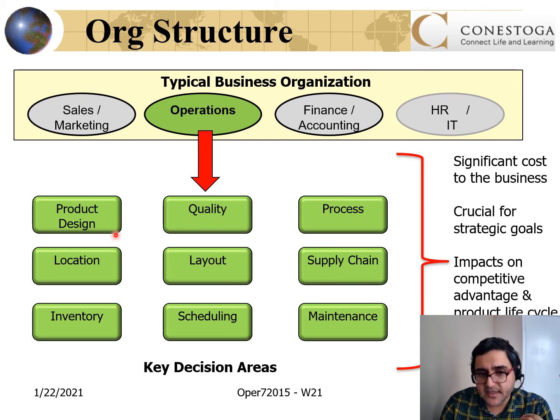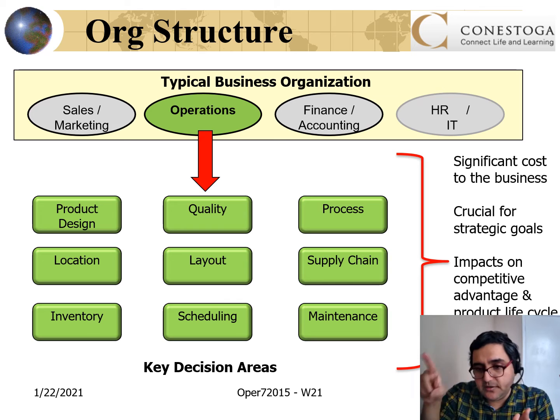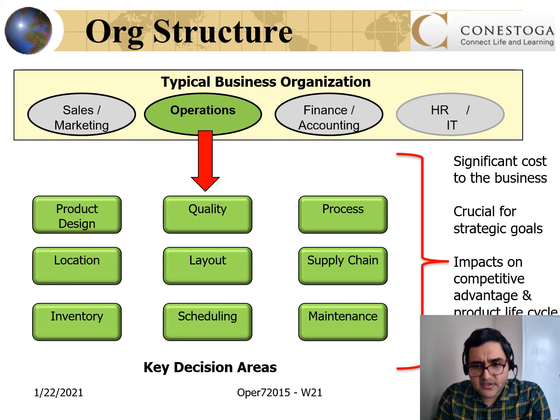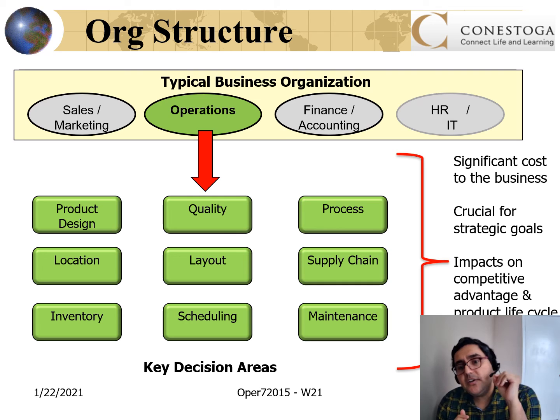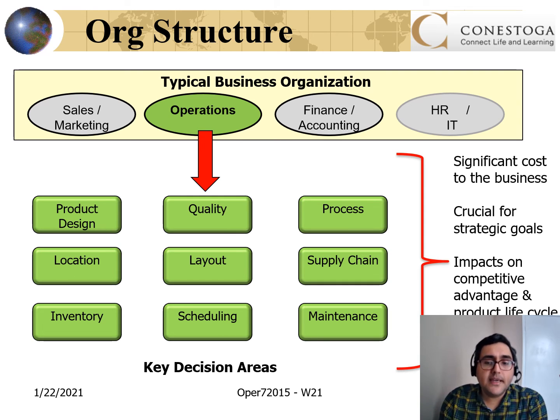We will be dealing with design, quality, process, location, and so on. These are the 9 different areas which are the key drivers within operations. We look at some of these in detail so that this can be applied for any industry. When you understand the implication of each of these aspects, you become knowledgeable in these areas, and then there is scope for you to add more value to your organization.